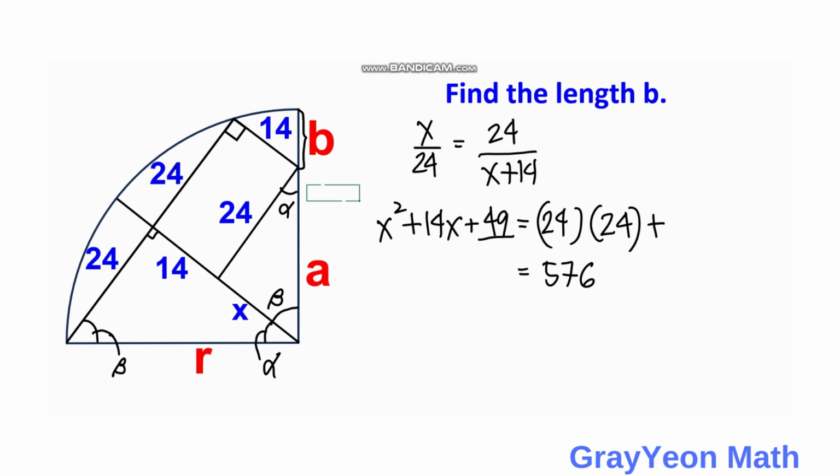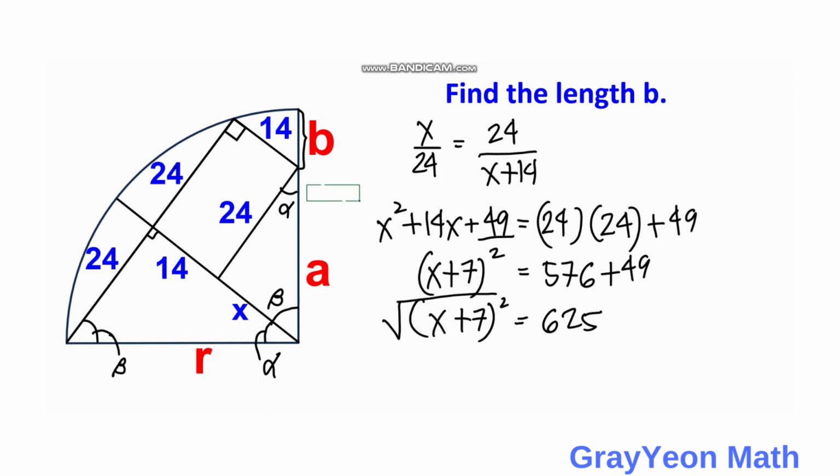And we should add 49 here and this 49. Then this becomes x plus 7 squared, and this becomes actually 625.